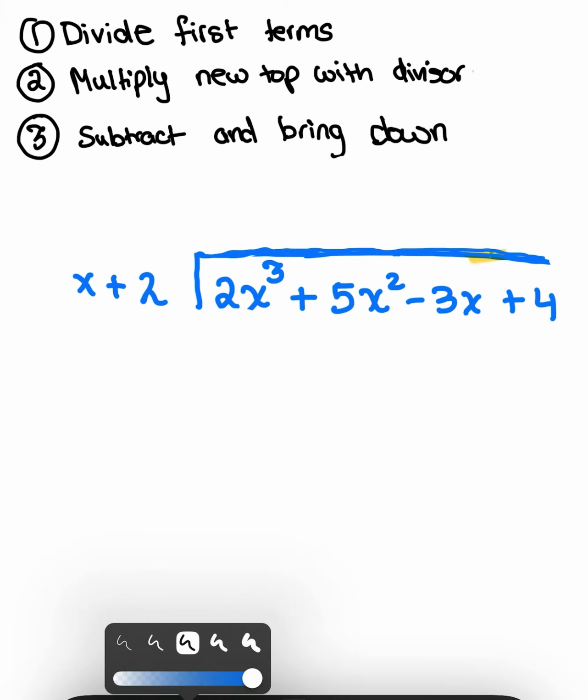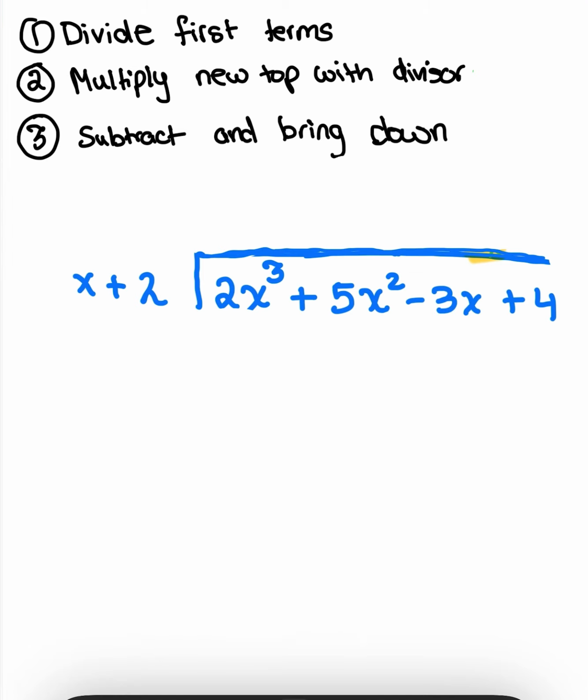Okay, so let's start. My first step is I have to divide the first terms. Now, you always start with the inside, with the dividend, and you divide it by the divisor, okay? So I'm going to take the first terms, which are 2x to the power of 3 and x.